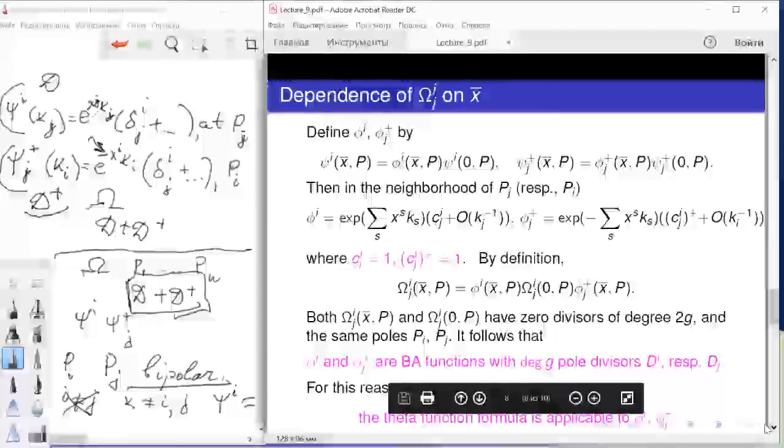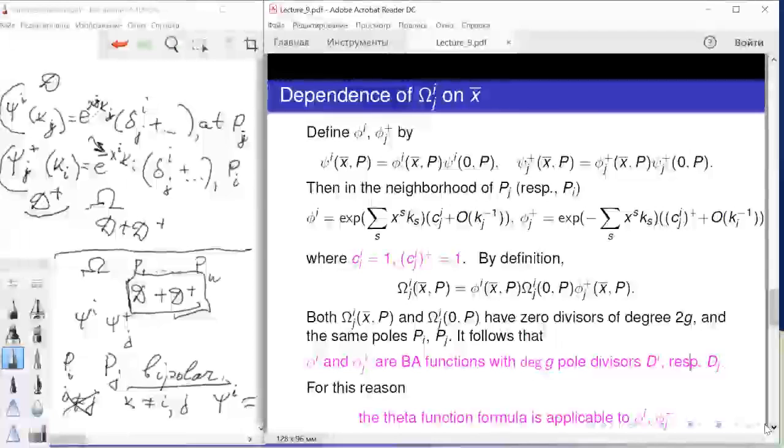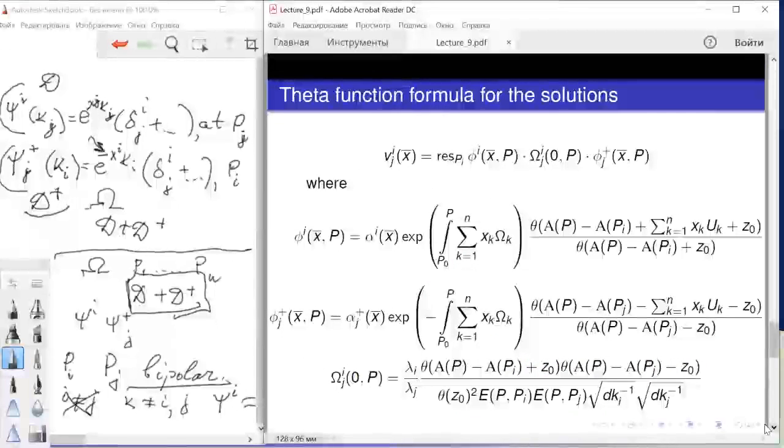Well, now I have to explain the final formulas. They look complicated, but my task is to explain that they are not complicated, and I will try to do this in the next 10 minutes. If I will not succeed, I will shift it to the next lecture.